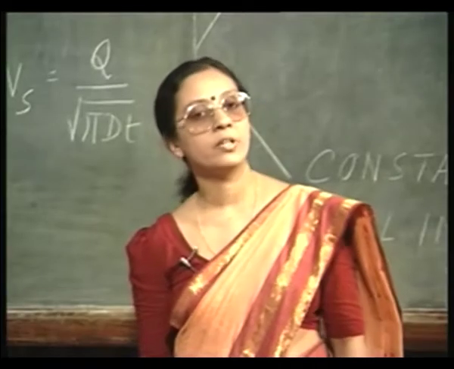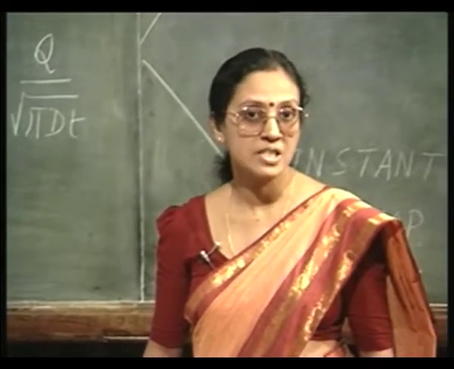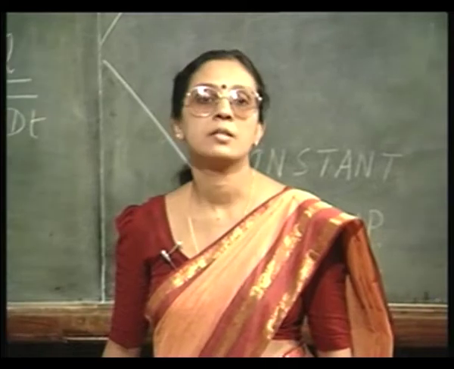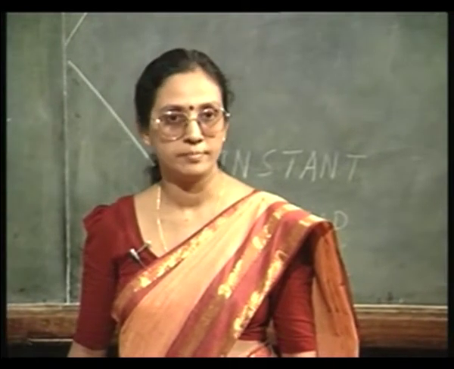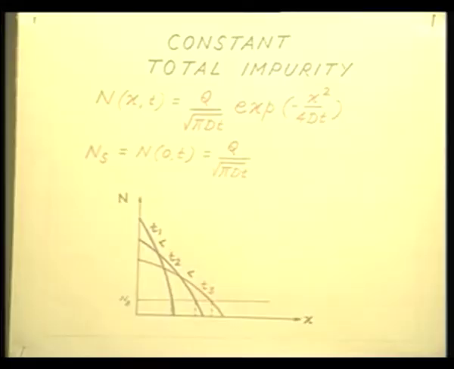So, you note one very interesting point, that is as time progresses, t, small t, as time progresses, the surface concentration keeps falling. And that is depicted here in this curve. Let us say we carried out the drive-in for a time t1 and the surface concentration was at some value here.